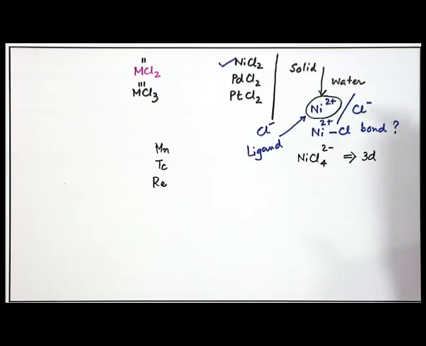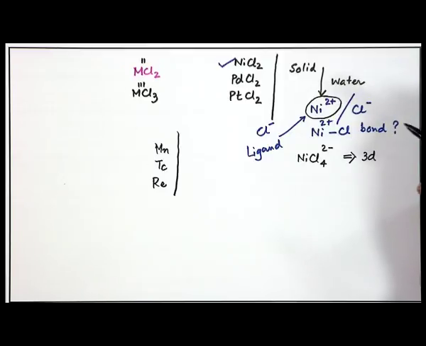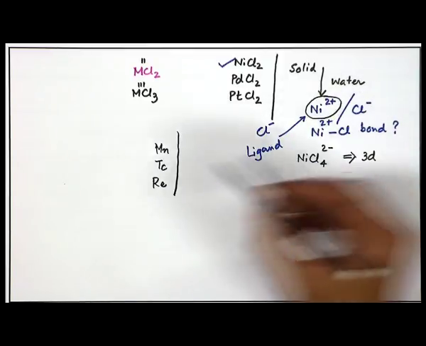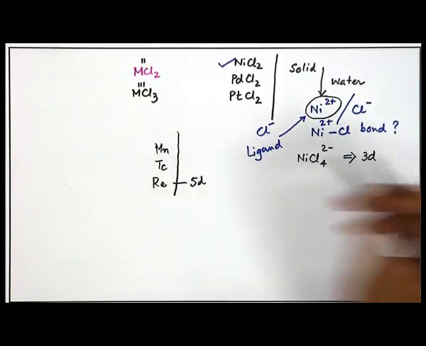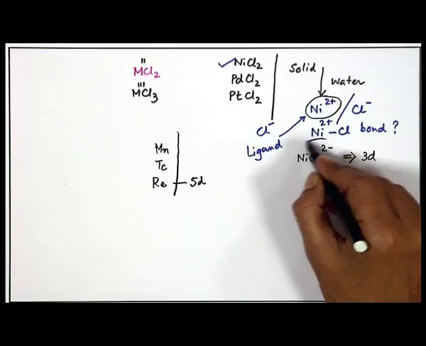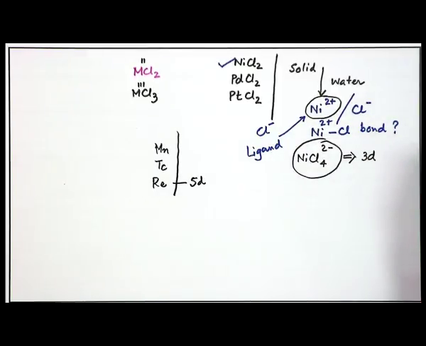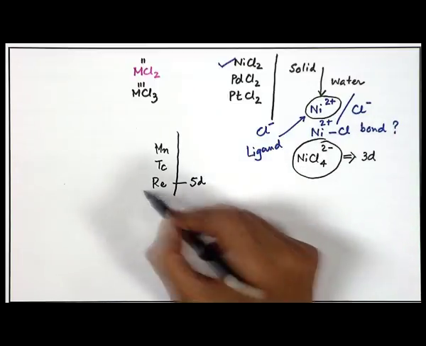In manganese, technetium, rhenium, all of them can give rise to chloride salts. This particular rhenium, since it is a bigger one and belongs to the 5D elements, if we are trying to have a tetrachloro or further metal salt, it will be a difficult proposition for rhenium.